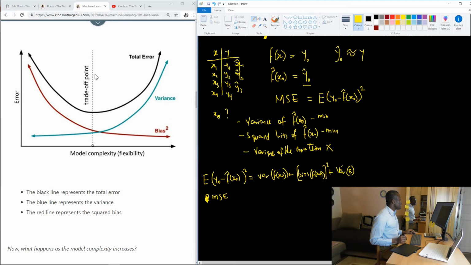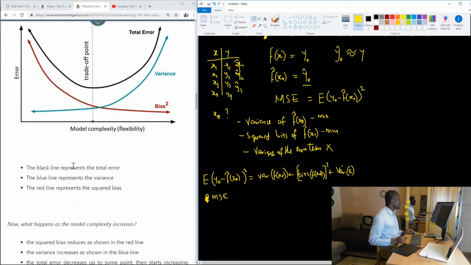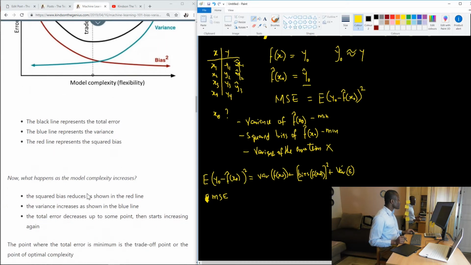So each time we always want to get to this point. At what point do we stop reducing the bias? Or at what point do we stop increasing the variance? So the black line represents the total error, the blue line represents the variance, and the red line represents the squared bias.